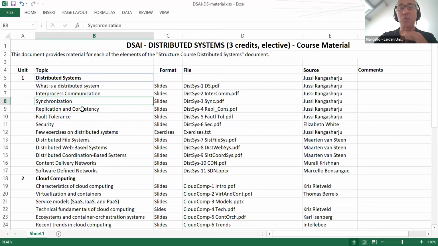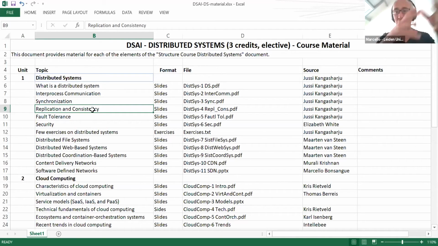Then we go to typical problems in distributed systems. One is, once you have data distributed in different nodes, how do you guarantee replication? Because it costs time to copy data from one node to another. And then you have consistency of data: when some queries are asked, the right node should send the right answer.